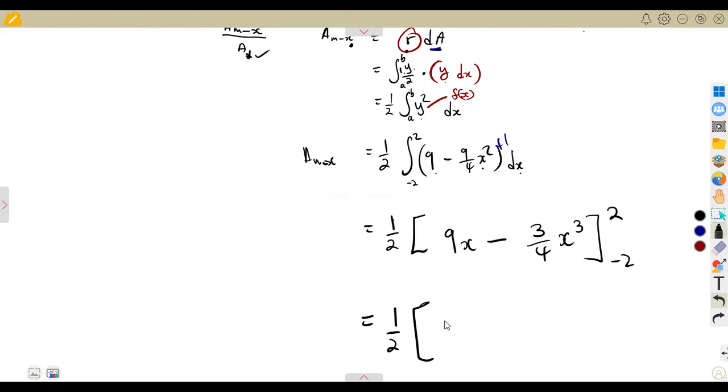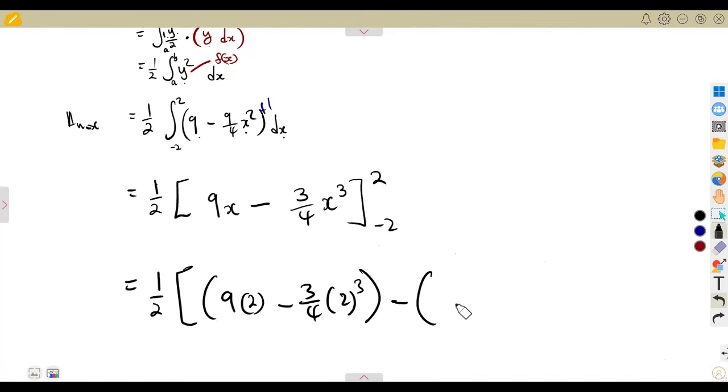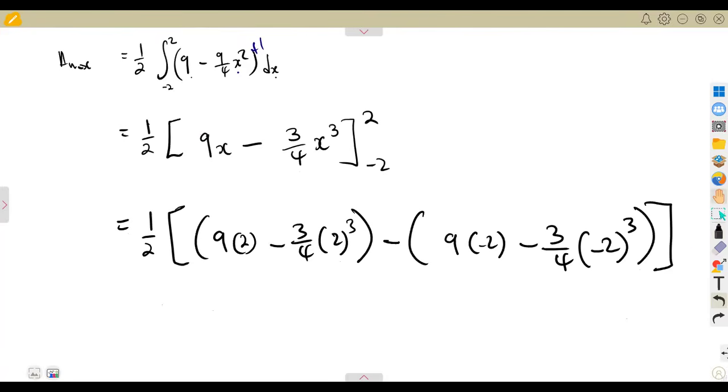So our upper limit is 2: 9 times 2 minus 3 over 4 into x, which is 2 cubed. That's upper limit minus the lower limit. If x is -2, that will be 9 times -2 minus 3 over 4 into x, which is -2 cubed. That's the upper limit minus lower limit concept.